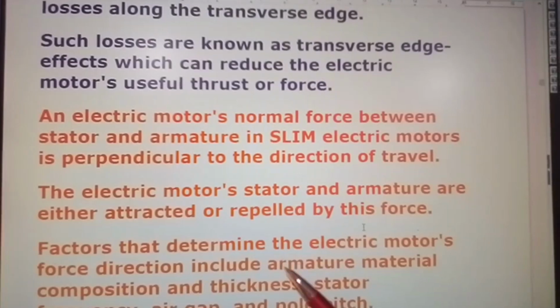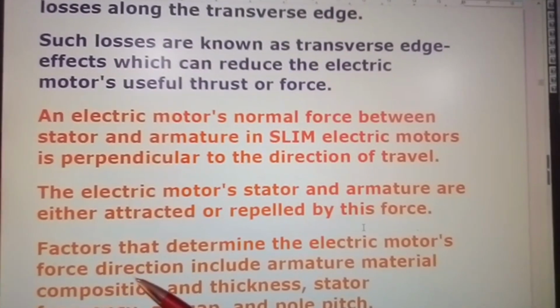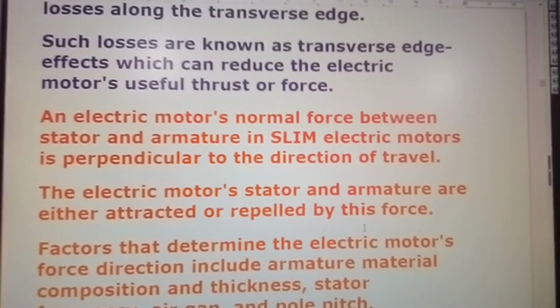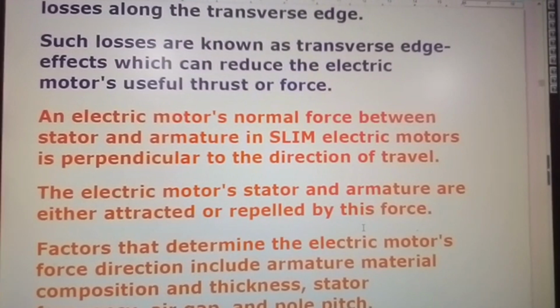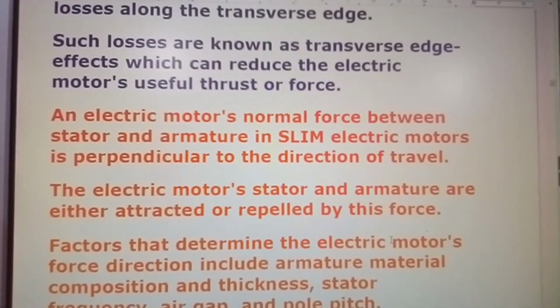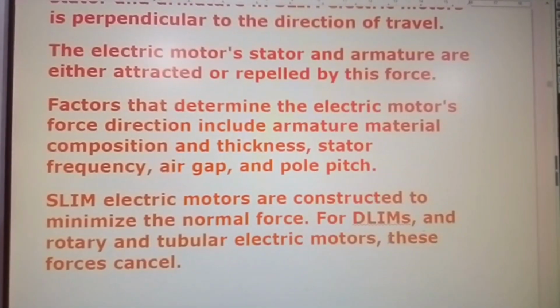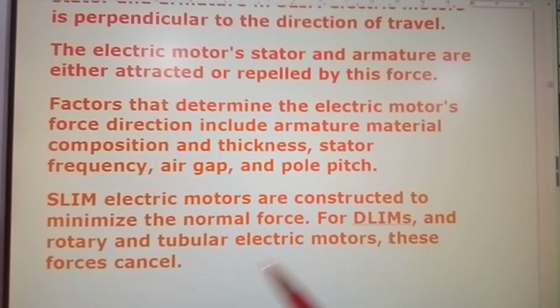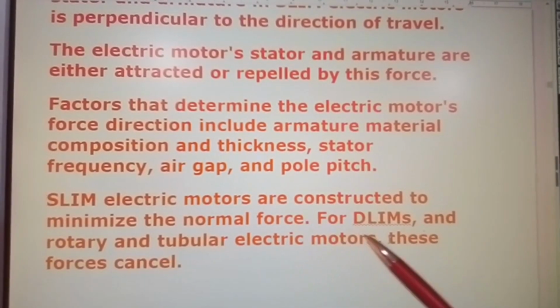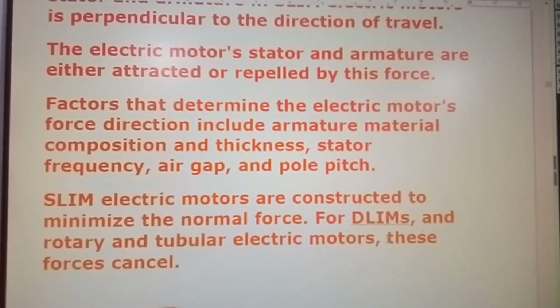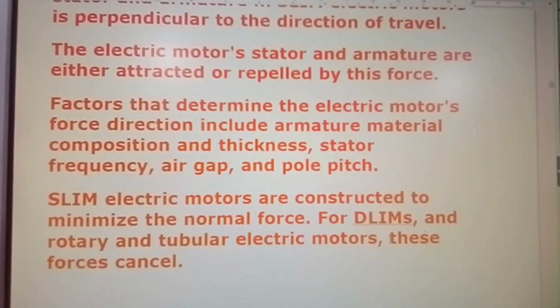Factors that determine the electric motor's force direction include armature material, composition and thickness, stator frequency, air gap, and pole pitch. Slim motors are constructed to minimize the normal force. For DLIMs, and rotary and tubular electric motors, these forces cancel out.